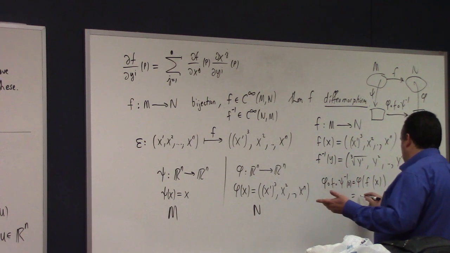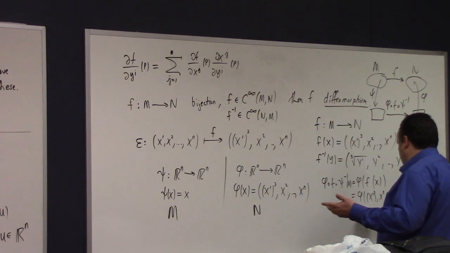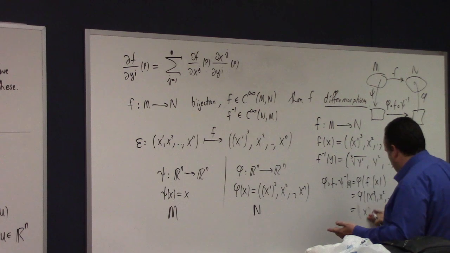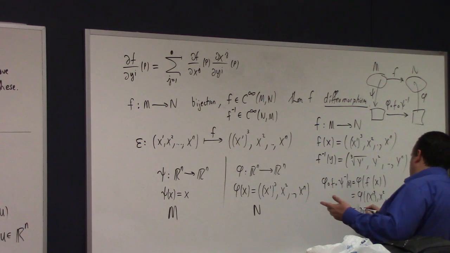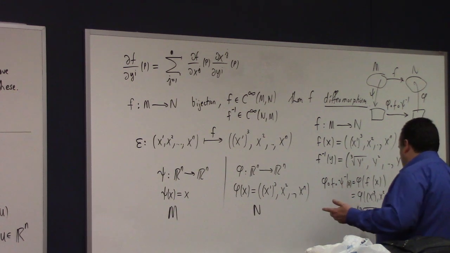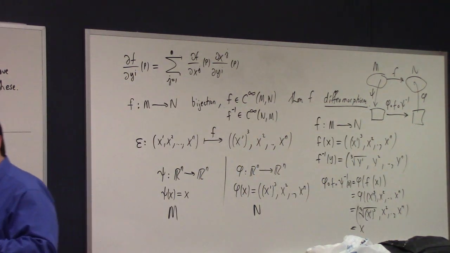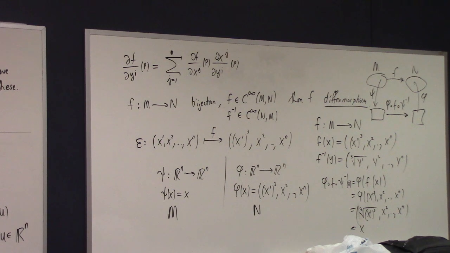That is phi of x1 cubed, x2, ..., xn. But then that is x again, because you take the cube root of x1 cubed, x2, ..., xn, which is equal to x. And you can check the other one as well. You can check the coordinate representative for the inverse function, and there's only one to check, by the way, because we have proposition 1.55, which means checking an atlas is enough.